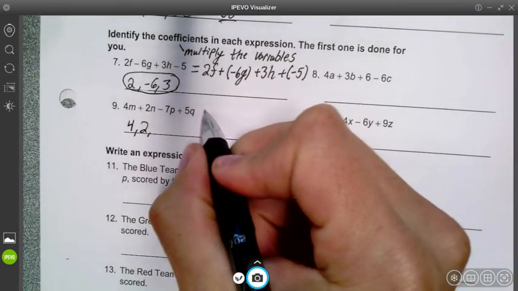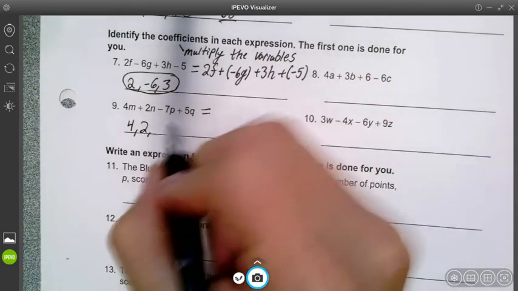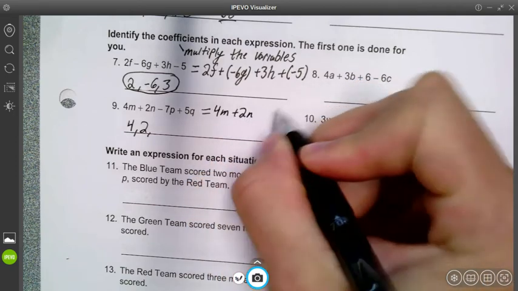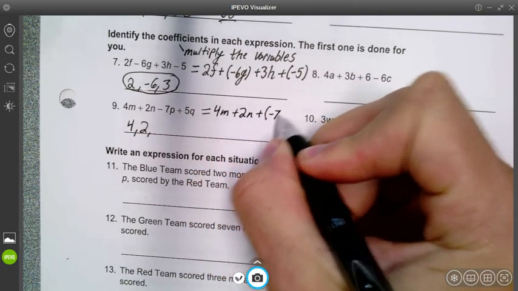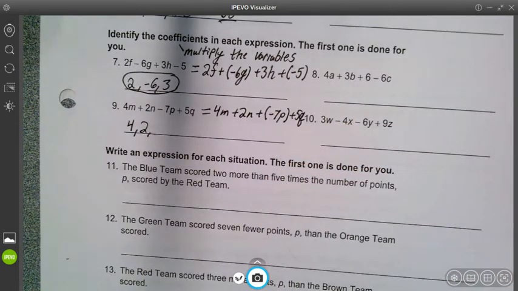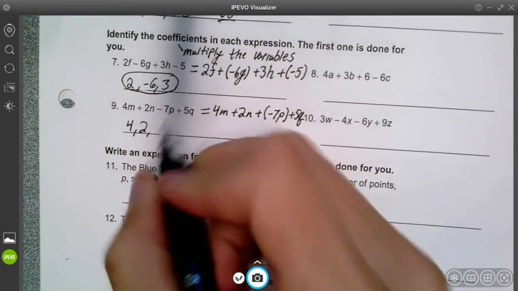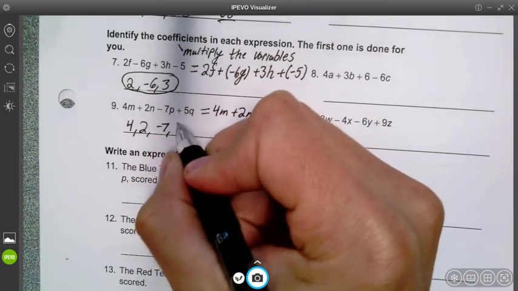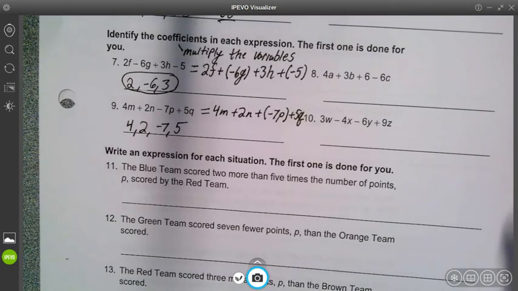And you don't have to write it out if you already see that this can be a -7, but I'll rewrite it out. Plus 2n plus -7p plus 5q. Now I can see I have the 4, the 2, the -7. And in this case, I do have a variable with the 5, so I bring the 5 down as well.